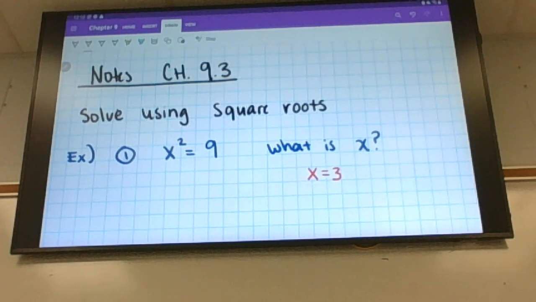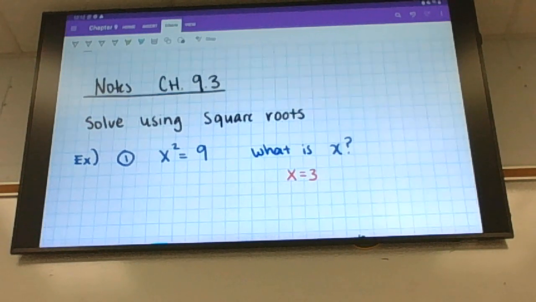There's another answer here. What's the other answer? 3's there. What's the other answer? Or x equals negative 3. Oh, because the negative times the negative is a positive.